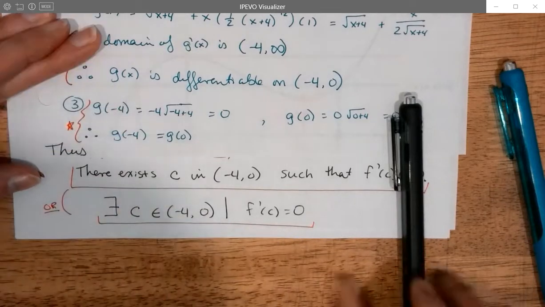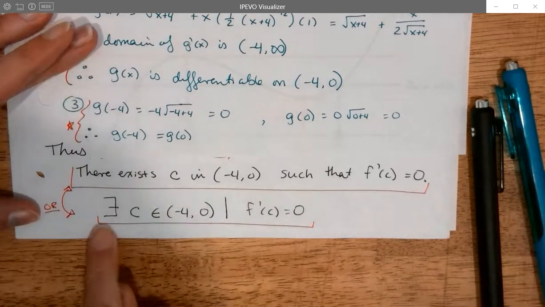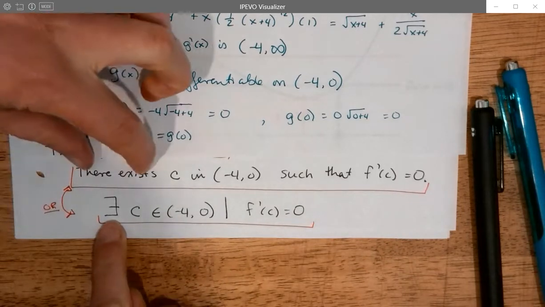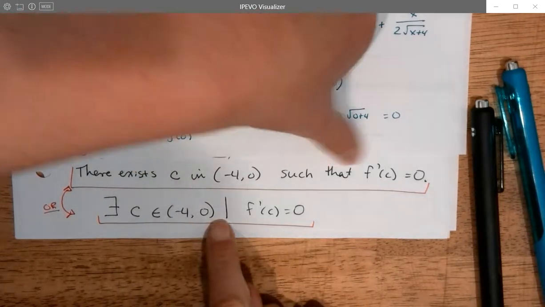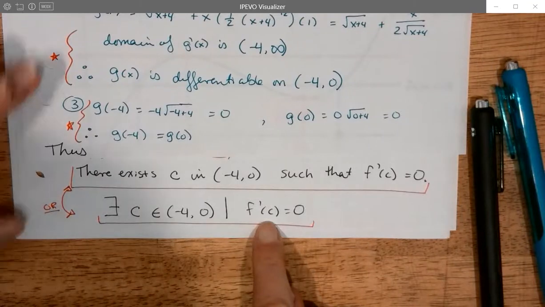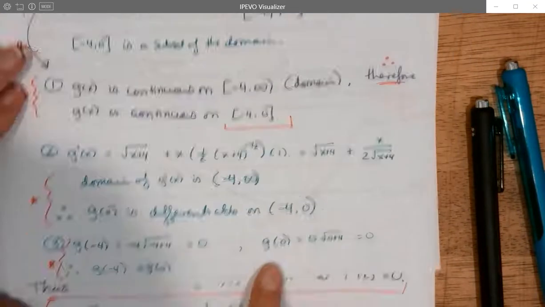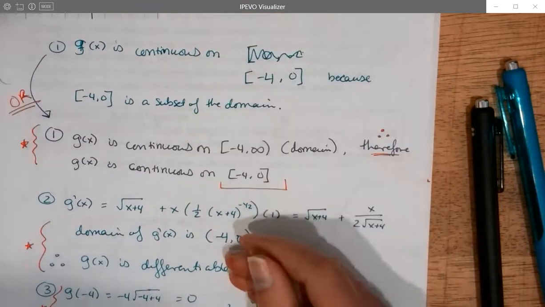So you can either write all the words out or you can write the symbols, but this says the exact same thing. There exists a c in the interval such that f prime of c is equal to 0. So in order to use Rolle's theorem to prove something, you need to assert the 3 conditions and then give the conclusion.